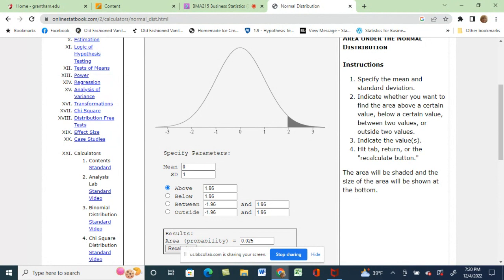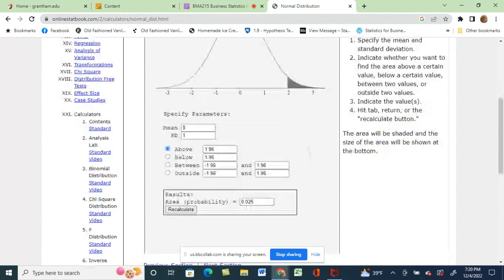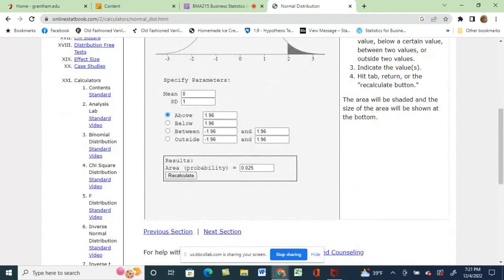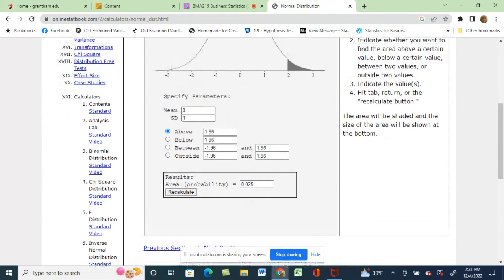Just as it stands. I didn't type anything in. I'm just showing you what this represents. That little area in that tail, if you notice, it starts a little before 2, 1.96. So that's the z-score. So the probability that your z-score is above 1.96 is 0.025. Your area is your probability.